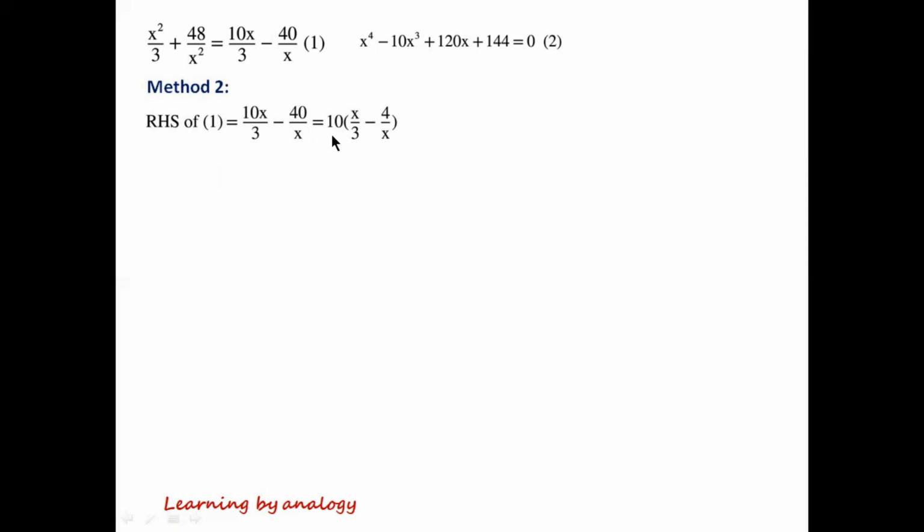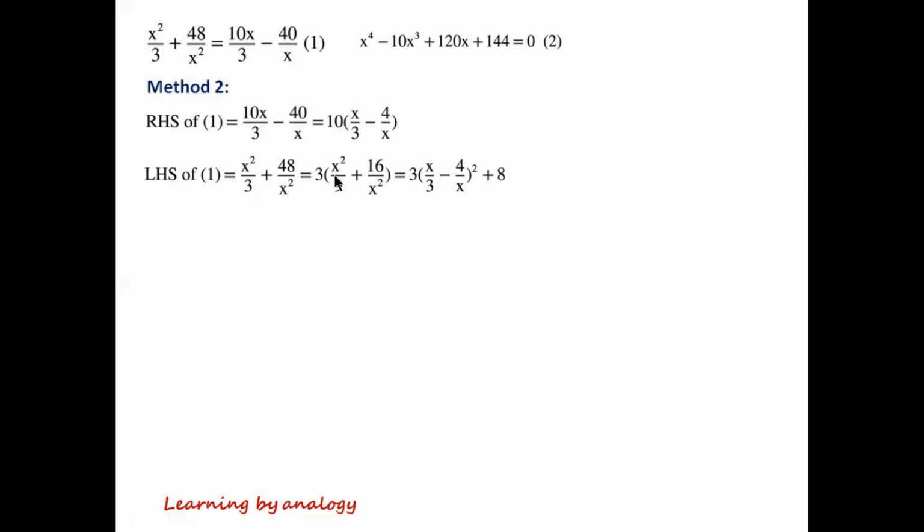So we can write 10 times x over 3 minus 4 over x. The left-hand side of equation 1 equals x squared over 3 plus 48 over x squared.